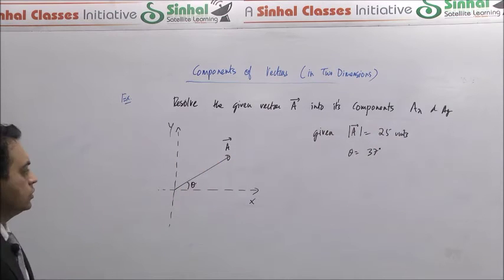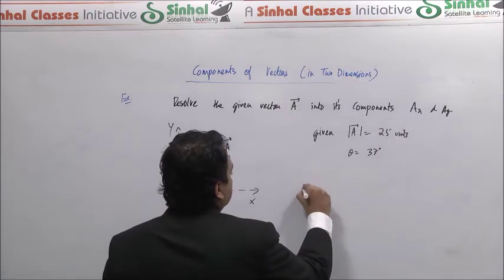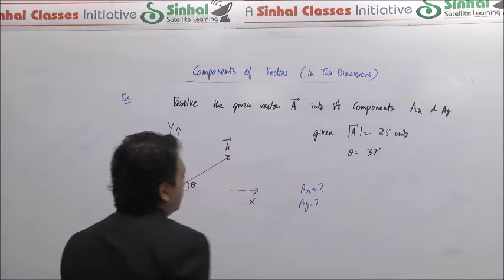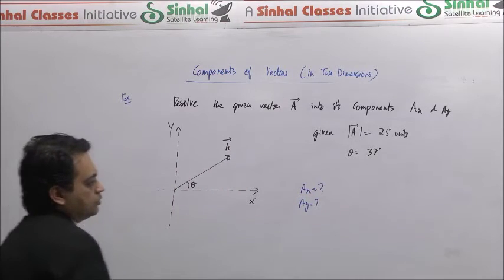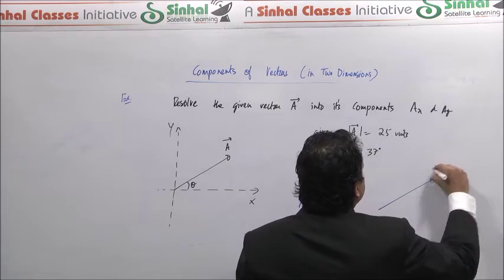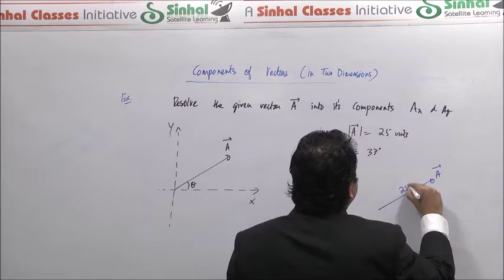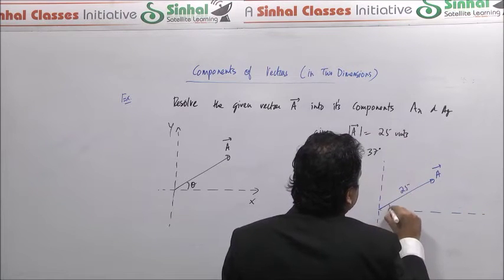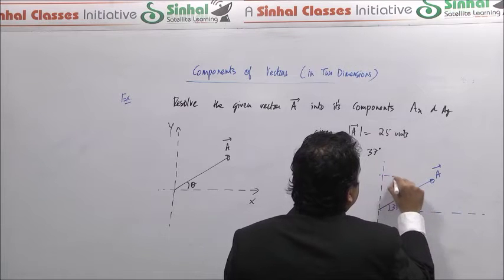So let's find out what the values of Ax and Ay are. So as you can see over here, when we want to work out this operation, the vector A now has a magnitude of 25 units. And this angle is 37 degrees.